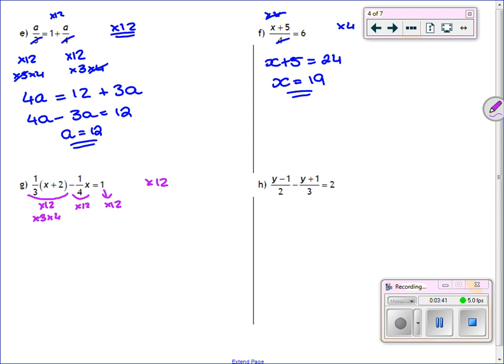So the times 3 and the divide by 3 cancel out. I'm just left to multiply by 4 now, so that would give me 4 brackets x plus 2. And that makes sense because all I'm doing is multiplying a third by 12. A third of 12 is 4. So that's why the third just turns into 4. But it's still multiplying that bracket in place.